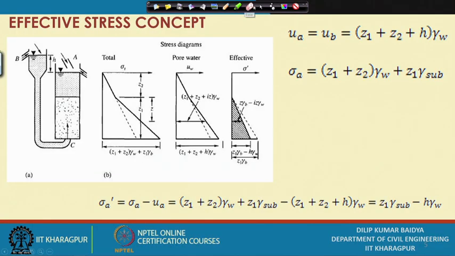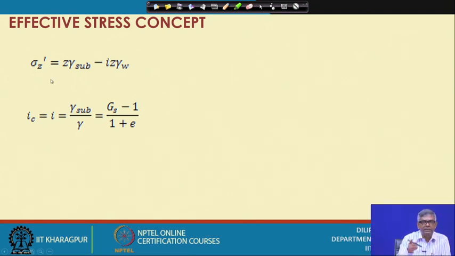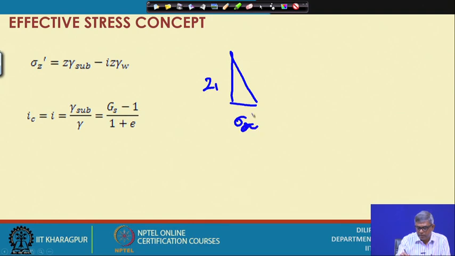So, if I take the next slide, you can see sigma Z dash. Again the same way, this was Z 1 and sigma A dash, and this was Z and this is sigma Z dash.